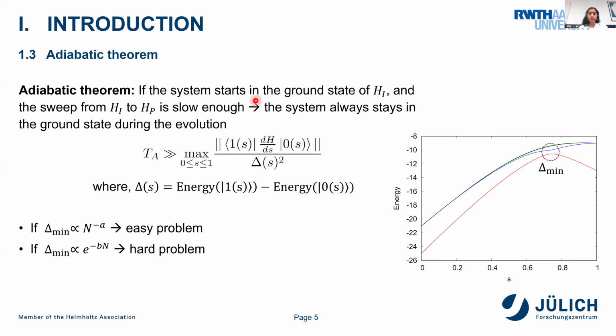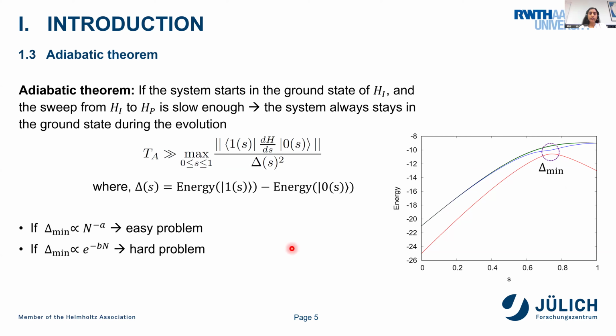Put mathematically, the adiabatic theorem says that the annealing time required to ensure an adiabatic evolution should be much larger than this quantity on the right-hand side. From here, we see that this quantity delta min is crucial for the performance of quantum annealing.